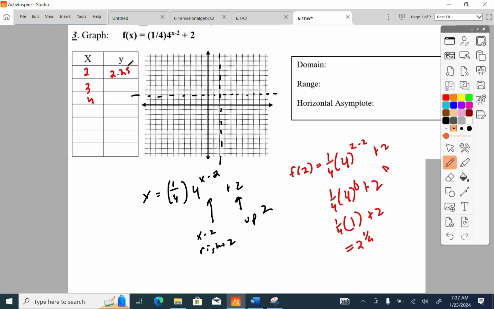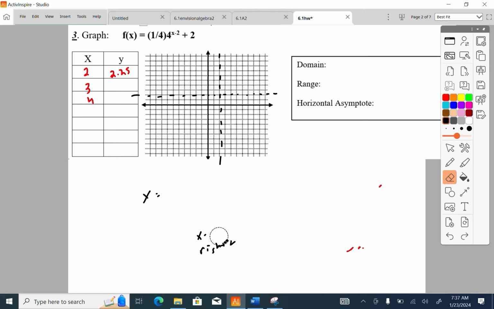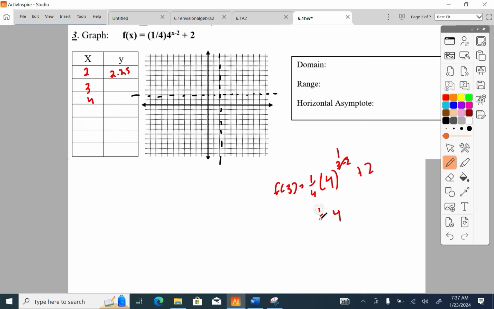If I plug in a 3, I ought to get a whole number. So f of 3 is a quarter of 4 to the 3 minus 2 plus 2. That's going to be 4 to the first, which is 4.